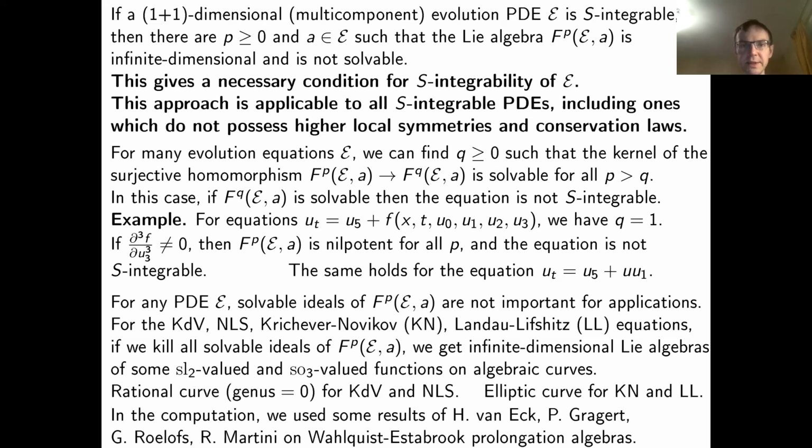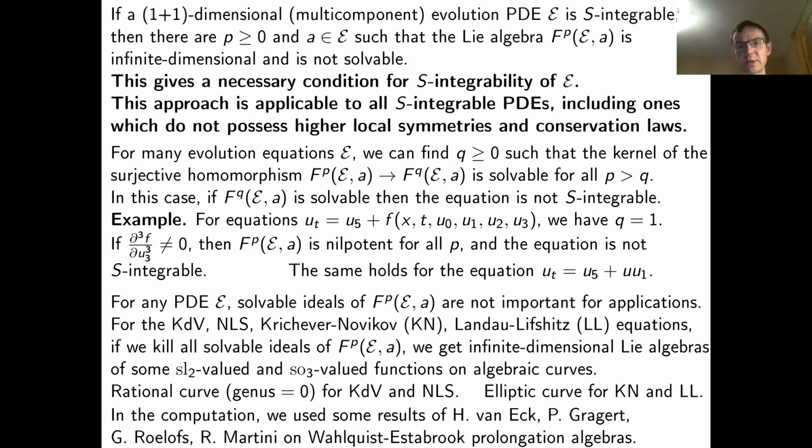So solvable ideals, for main applications, can be ignored basically, and if we kill all solvable ideals of the algebra in those examples, we get the algebras of SL2 valued and SL3 valued functions on algebraic curves: a rational curve for KdV and NLS, an elliptic curve for Kirchhoff-Novikov and Landau-Lifshitz.